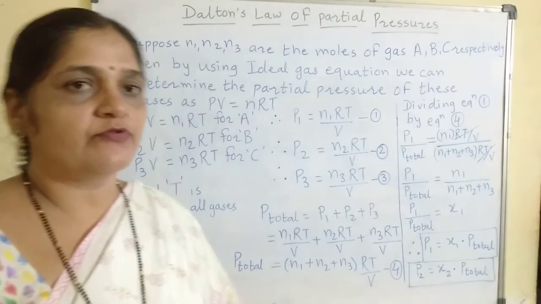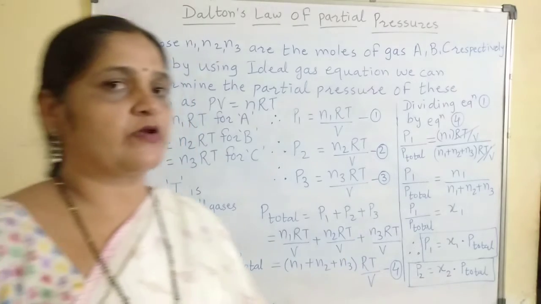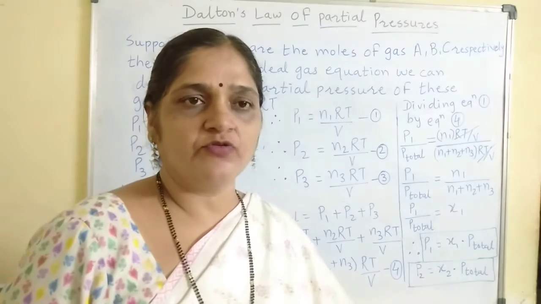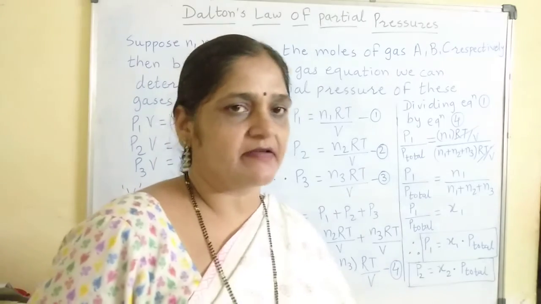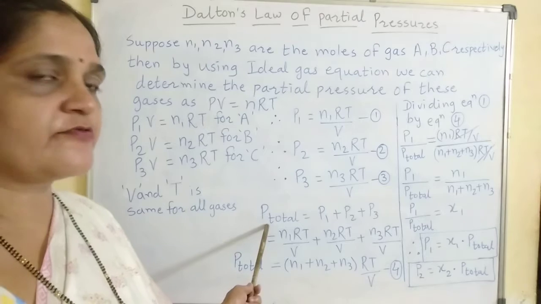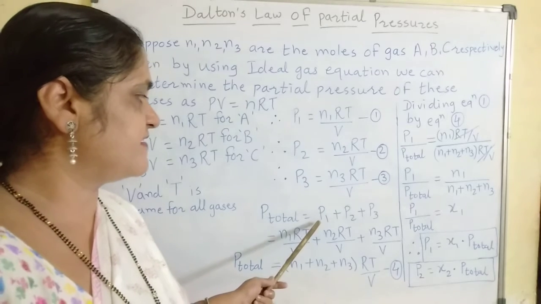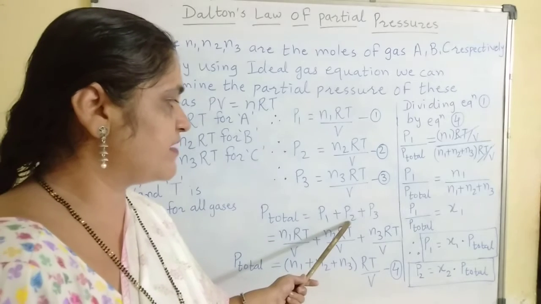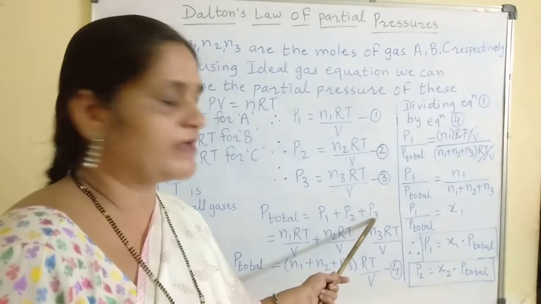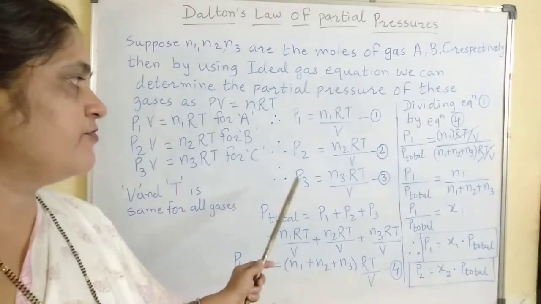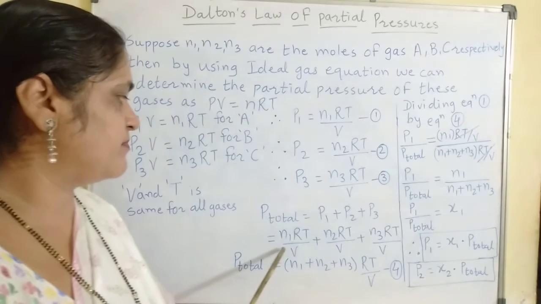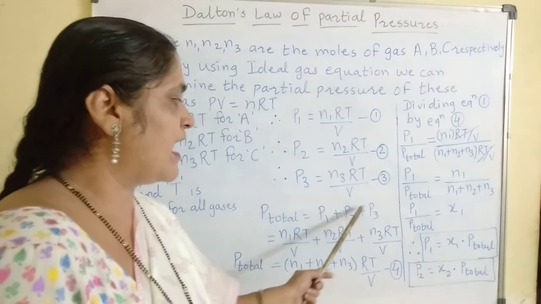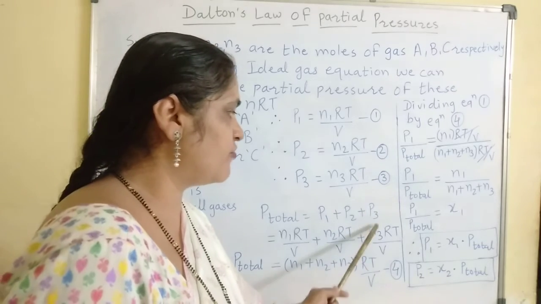Now Dalton's law of partial pressure says that the total pressure exerted by a mixture of non-reacting gases is equal to the sum of their individual partial pressures. Therefore, P total is equal to P1 plus P2 plus P3, where P1, P2 and P3 are the partial pressures of gases A, B and C. Using the values, it is N1RT upon V for P1, N2RT upon V for P2 and N3RT upon V for P3.